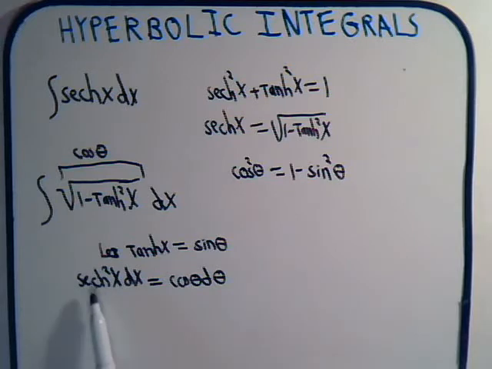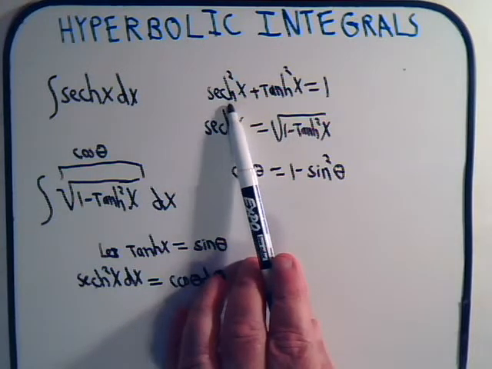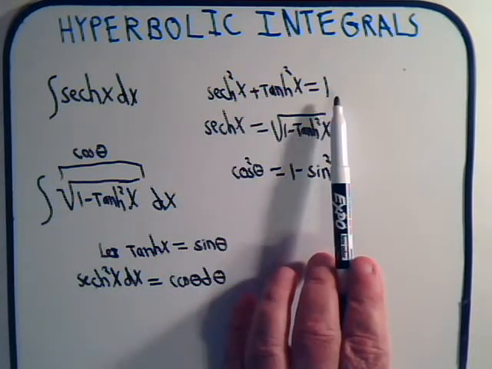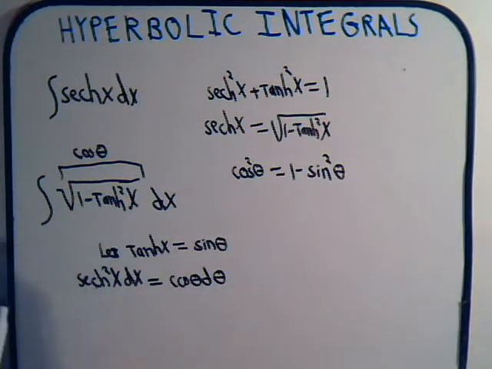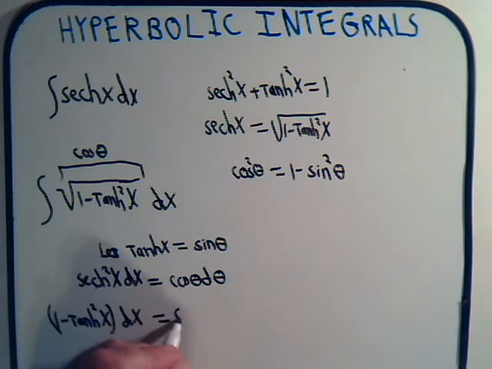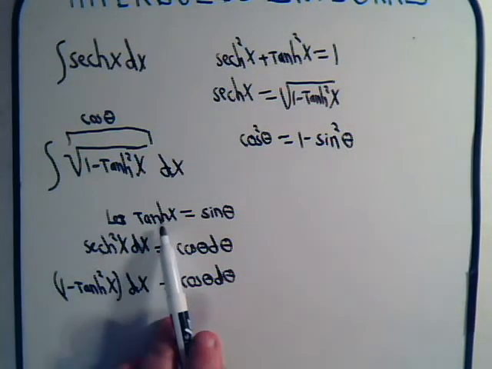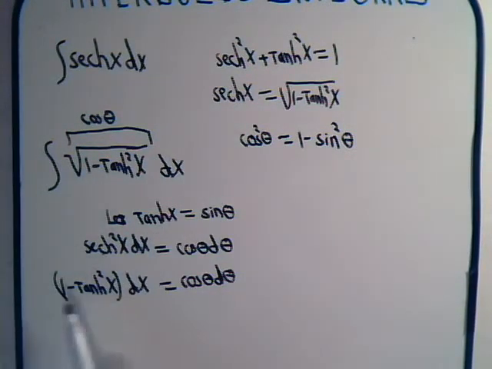Now, what about this? The hyperbolic secant squared of x equals 1 minus the hyperbolic tangent squared of x. Let's write that in here: 1 minus the hyperbolic tangent squared of x, dx equals the cosine of theta d theta. But we have our substitution here, so this is going to be 1 minus sine squared of theta, which is the cosine squared of theta.